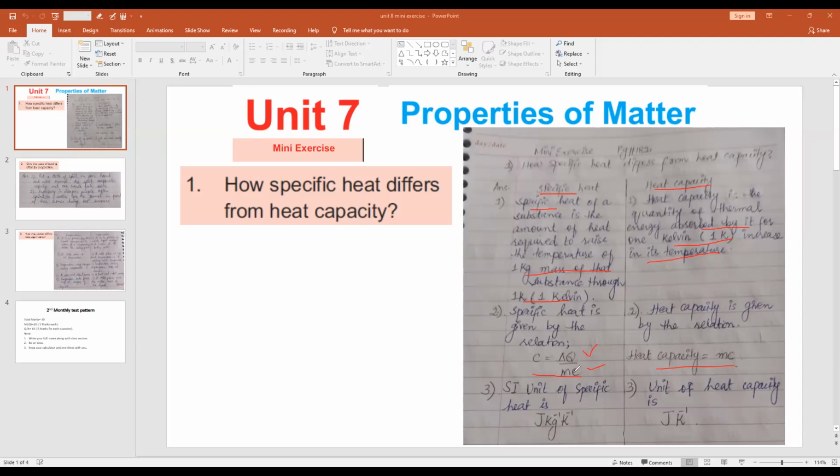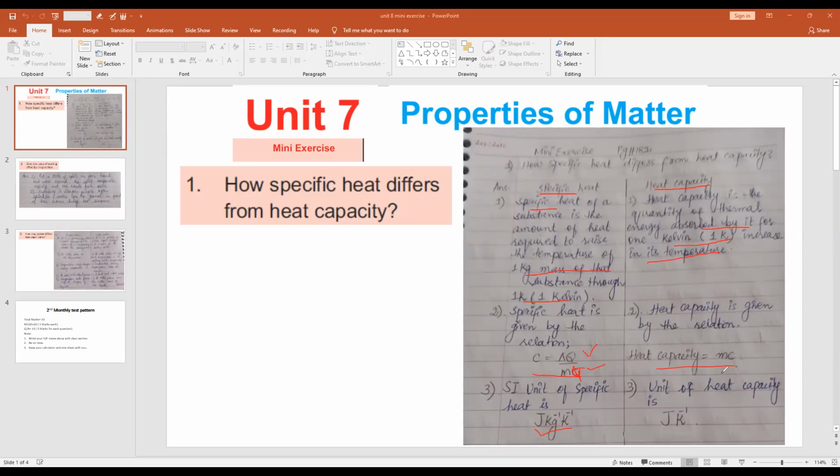This is delta T. So temperature is measured in Kelvin, right? So the unit will be joule per kg per Kelvin. Students, you have to make a correction over here. The formula for specific heat is C equals delta Q by m delta T, right? So in this way, we can write the unit for specific heat, joule per kg per Kelvin.